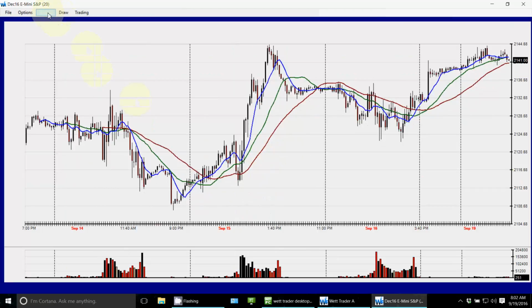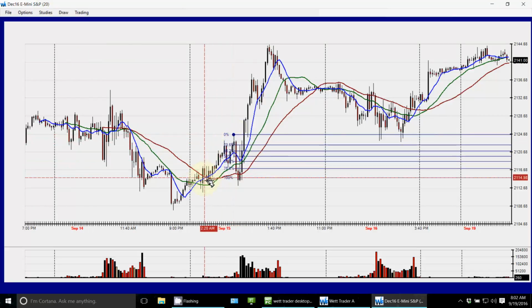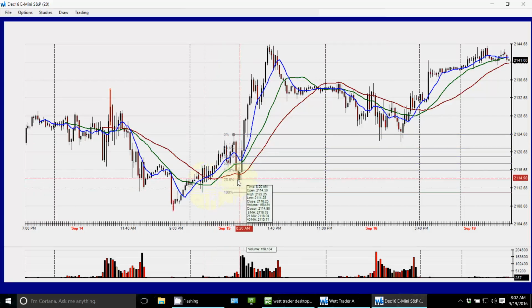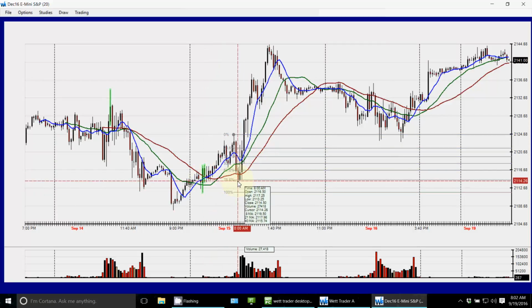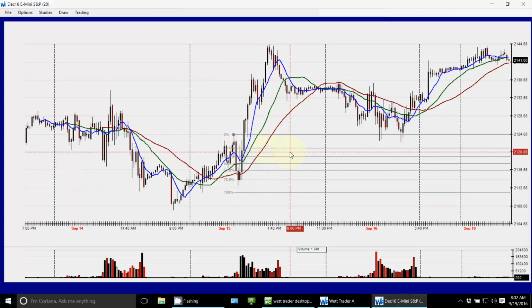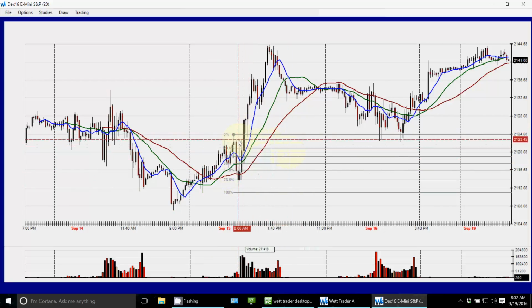But with the tools here, you can draw Fibonacci channels. So if I take my high and my last swing low here, you can see that we found some support here at the 786. And then we continued on. This is what the software will do automatically.